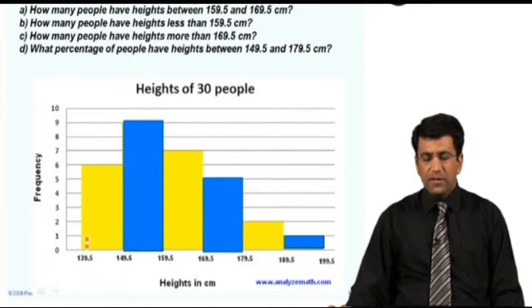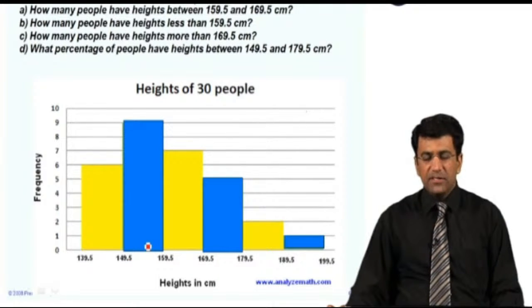We can make the different class intervals. In this case, that is from 139.5 to 149.5, and this diagram shows that there are 6 people who have the height of 139.5 centimeter to 149.5 centimeter.